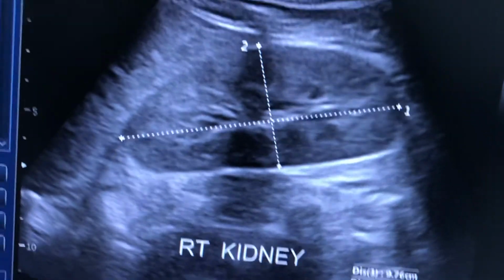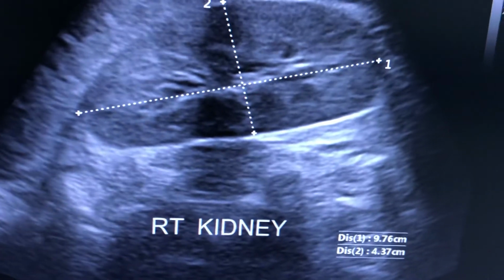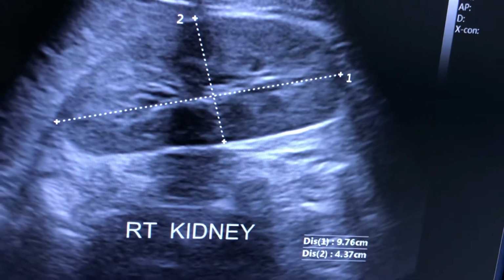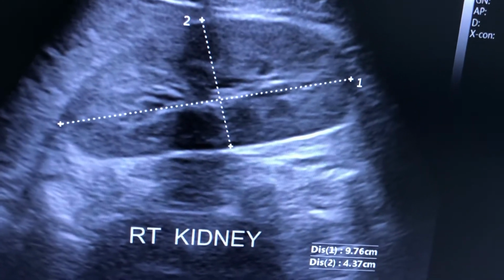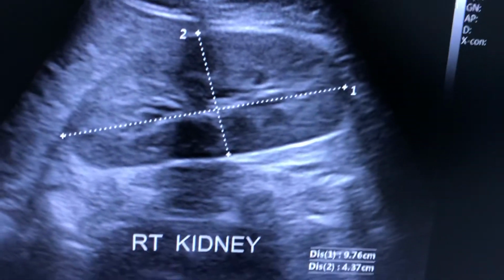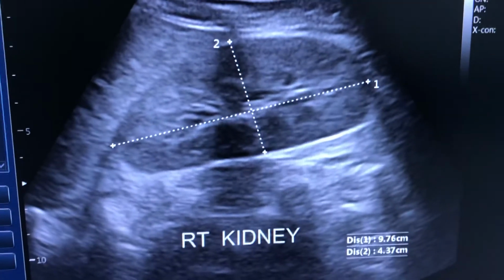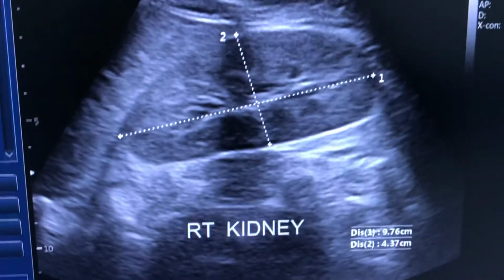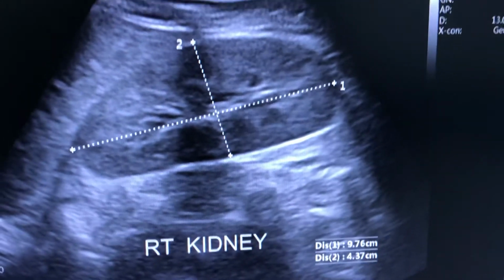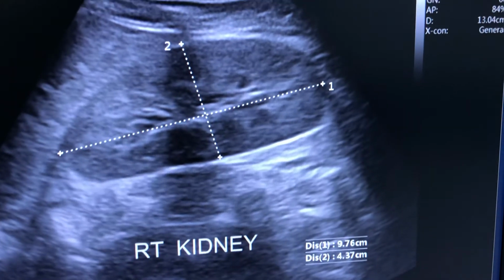So rather than going to the size of the kidney, when you comment on it as enlarged or small, it is better, especially when it is enlarged, to comment on the contour of the kidney, the shape of the kidney, because when the shape is globular like this, then it is more likely acute pyelonephritis.